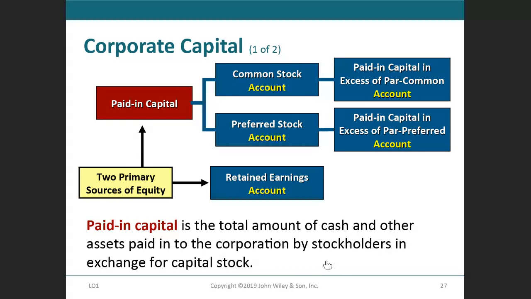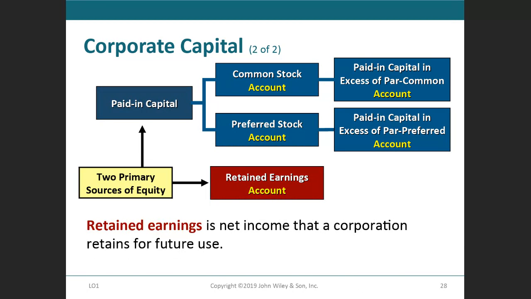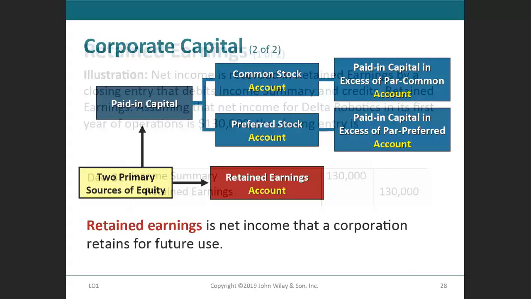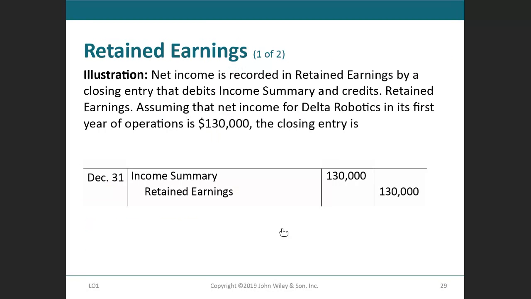So the paid-in capital is the amount that is in excess of the par value, and the retained earnings is the net income. We discussed this, and you have recorded many entries. For example, this.